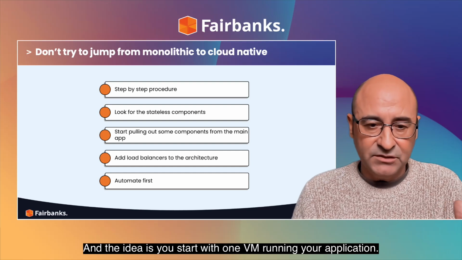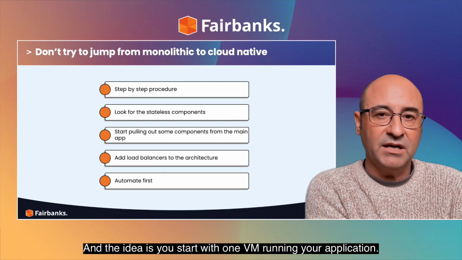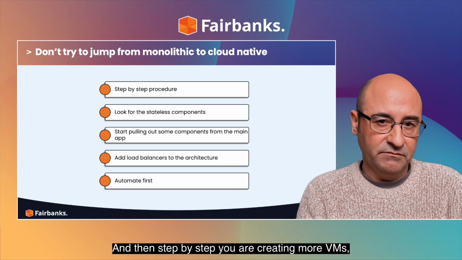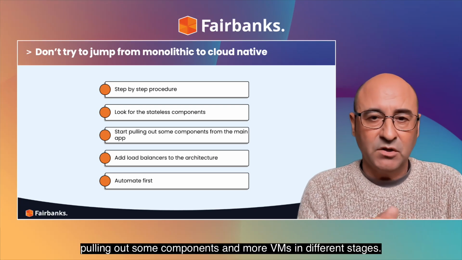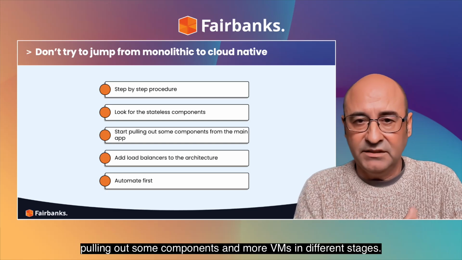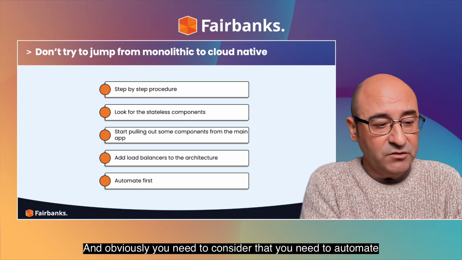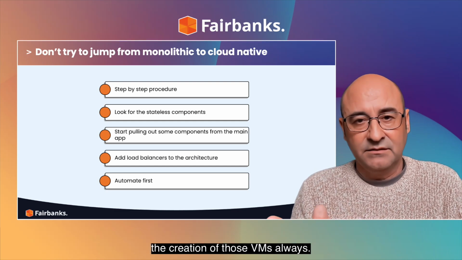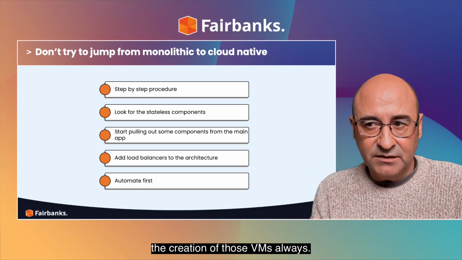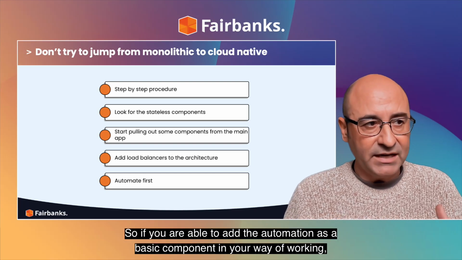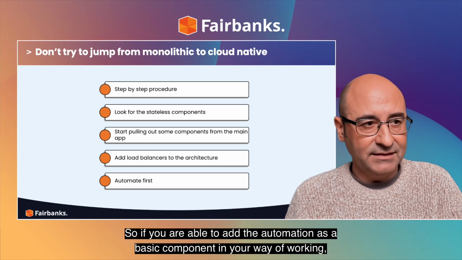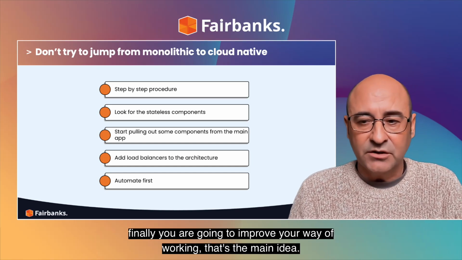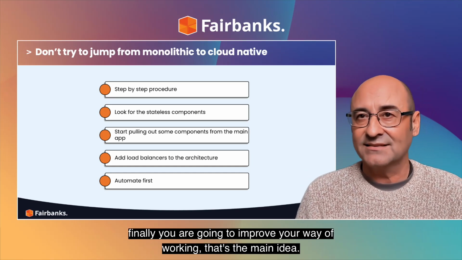The idea is you start with one VM running your application, and then step by step, you create more VMs, pulling out some components, in different stages. And obviously, you need to automate the creation of those VMs always. So if you are able to add automation as a basic component in your way of working, finally, you are going to improve your way of working. That's the main idea.